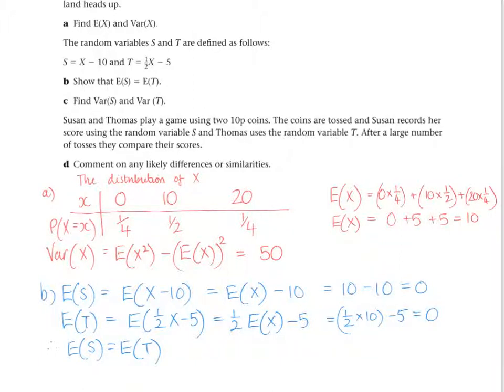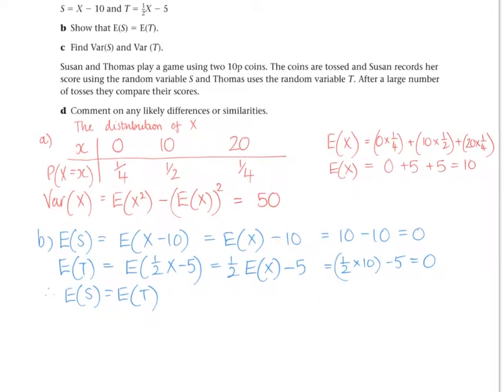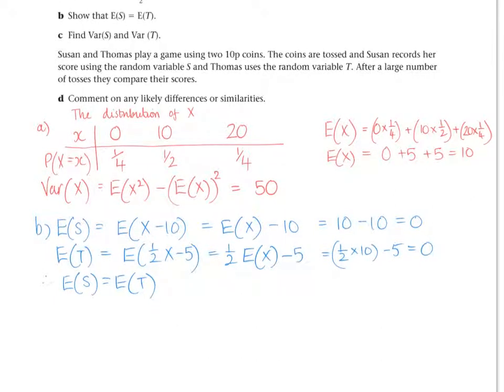We want to use the same rules as before, and we're working out the variance for S and T. And if we do that, we can still use the relationship with X. So we have the variance of S is equal to the variance of X minus 10, and we've subtracted there, which is just the variance of X, so that's just using the rule, so that is equal to 50.